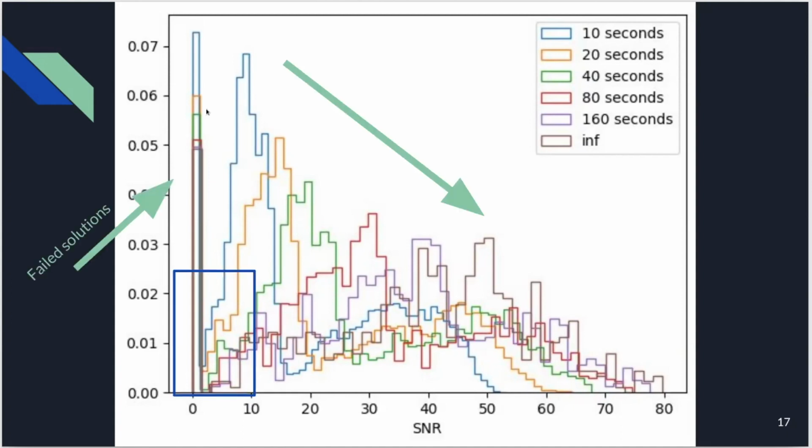So first of all, this peak here is the failed solutions for each gain table. So we want to try to minimize the number of failed solutions. So you can see that decreases as the solution interval increases. You'll see that there is this movement of this first peak of the signal to noise distribution. It moves to higher signal to noise as you go to higher and higher solution intervals.